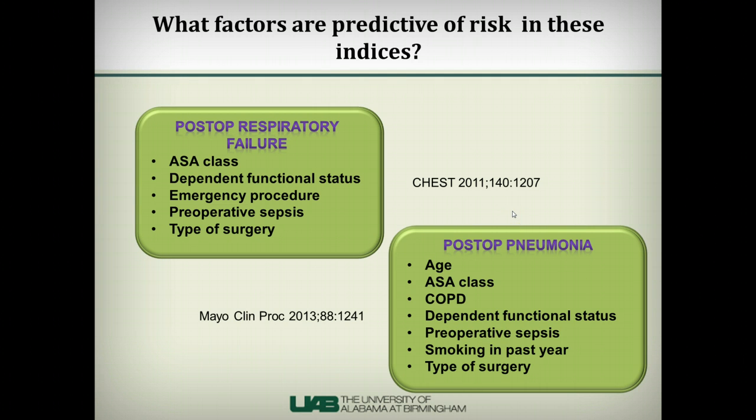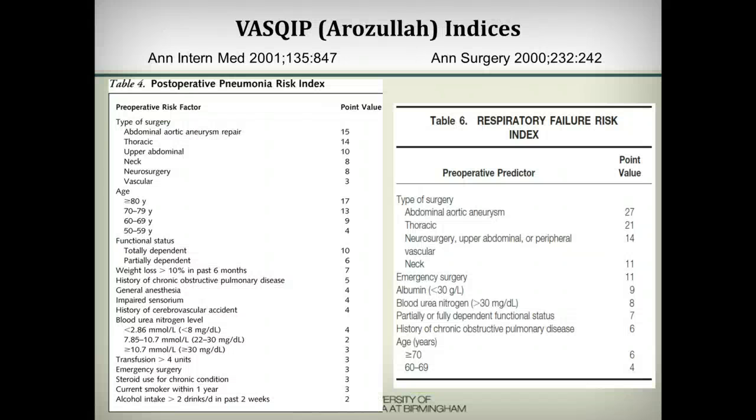Interestingly, added to the respiratory failure rule are age, smoking status, and COPD. And what fell out was emergency procedure. So these are the components you need to look for and document when you do a history and physical examination on your patient preoperatively, and plug into the prediction rule to help figure out your patient's estimated risk of either postoperative respiratory failure or postoperative pneumonia.